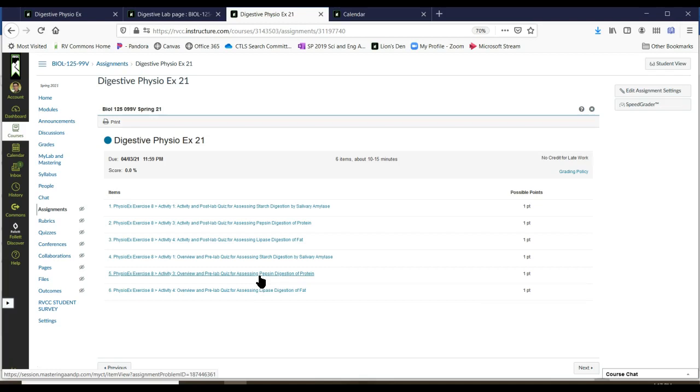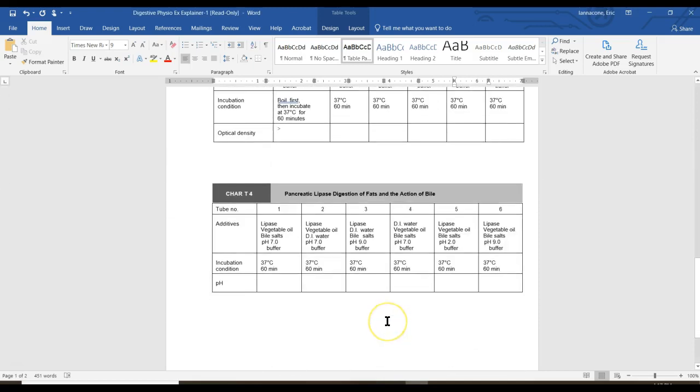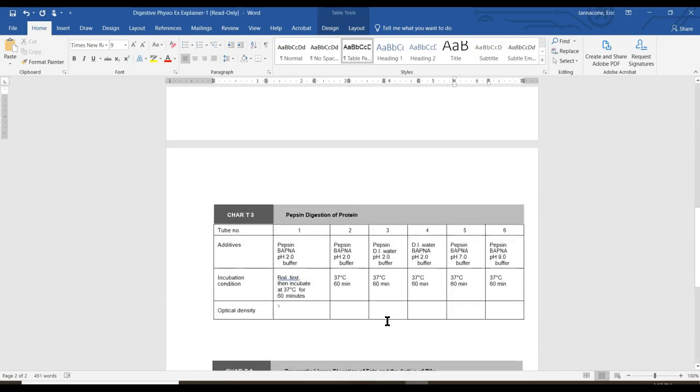Then do the activity, come back here and select your PostLab quiz. So you'll do that for starch, protein digestion by pepsin, and lipid digestion by lipase. So you'll have 3 lab reports that Physio Ex lets you generate, or you can fill out these 3 charts.